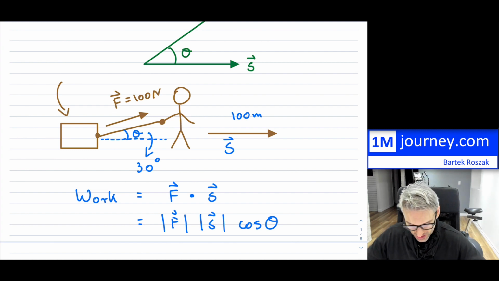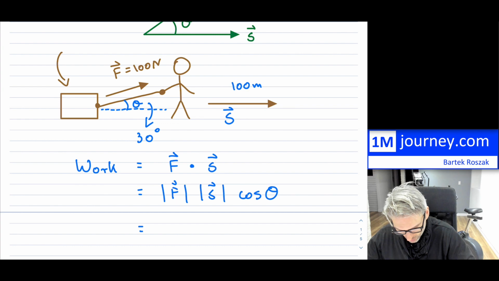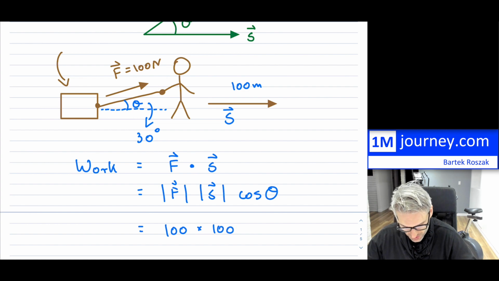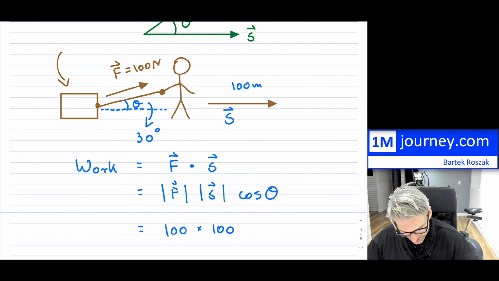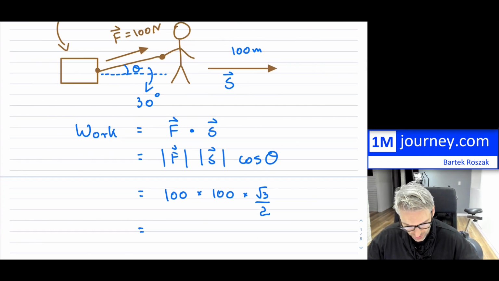Now, this in general is not very difficult once you have those numbers. So notice it's 100 multiplied by 100 meters as well. And then the angle is cos of 30, right? So cos of 30 would be square root of 3 over 2, from our unit circle. And of course, you can just use your calculator if you wanted to.